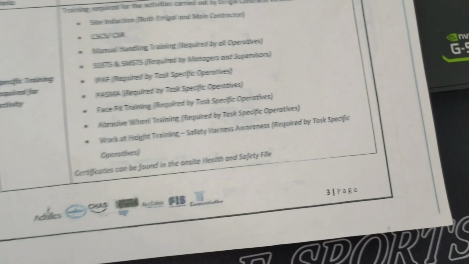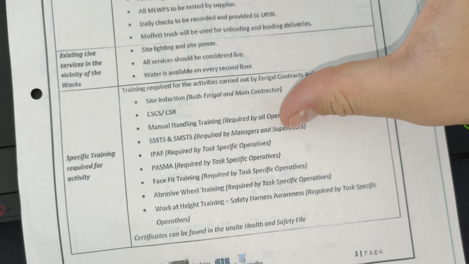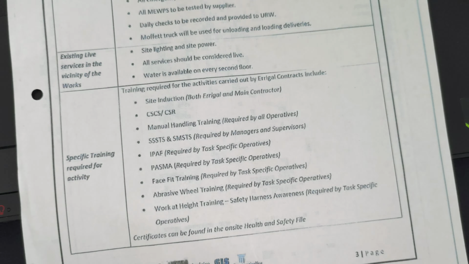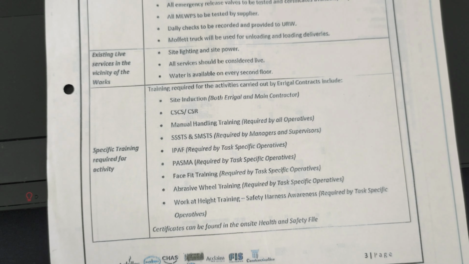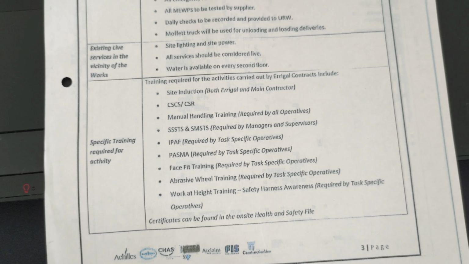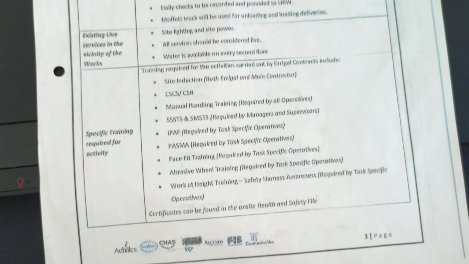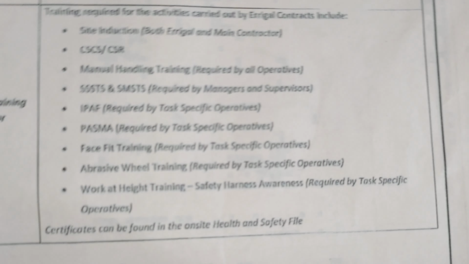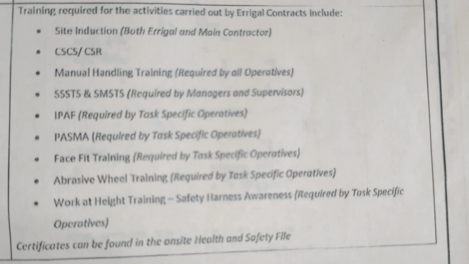But here, what we must also have as a subcontractor: as a supervisor, you must hold at least SSSTS, EPAF by operatives, PASMA also, face fit training by operatives, abrasive wheel training. This is required for cutting. Before starting any cutting works, you should definitely do the abrasive wheel training.